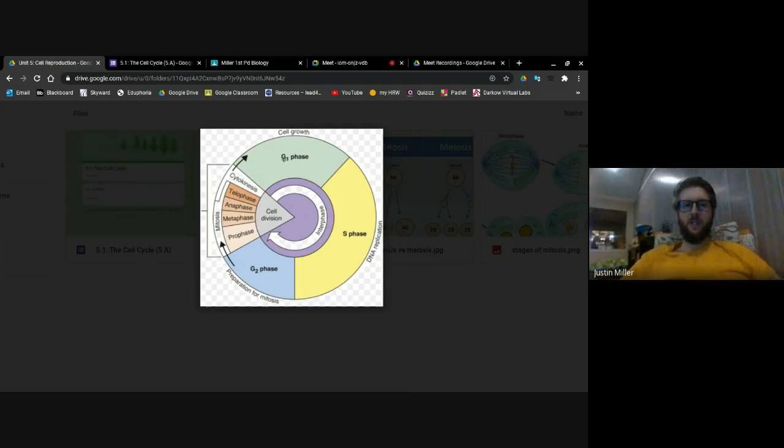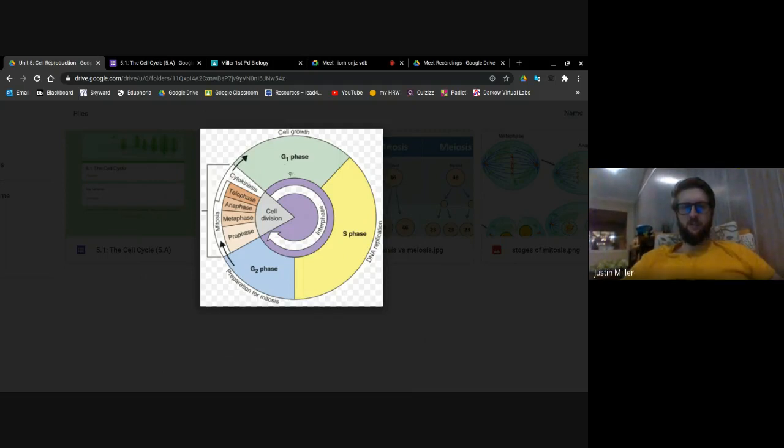The G stands for gap. So the reason why it's called G1 is because there's actually two what we call gaps. There's gap 1 and gap 2 down here. And the reason they're called gaps is because there's not really a whole lot going on during those phases.